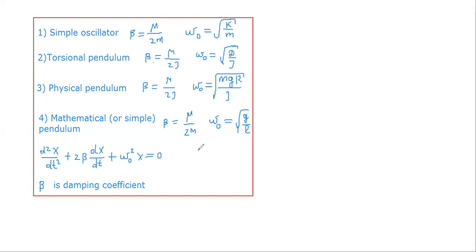It is necessary to say that sometimes you can see on the internet that beta divided by omega zero can also be called the damping coefficient.